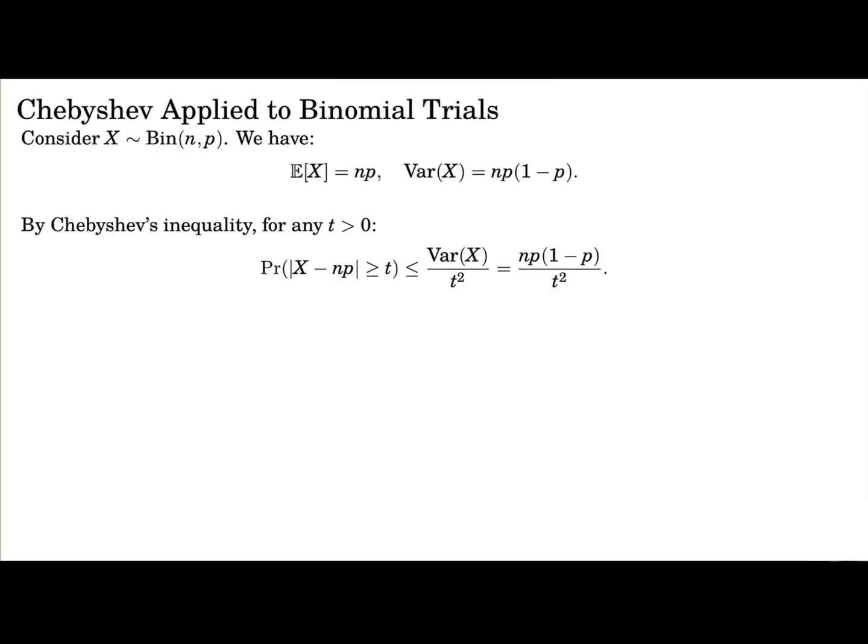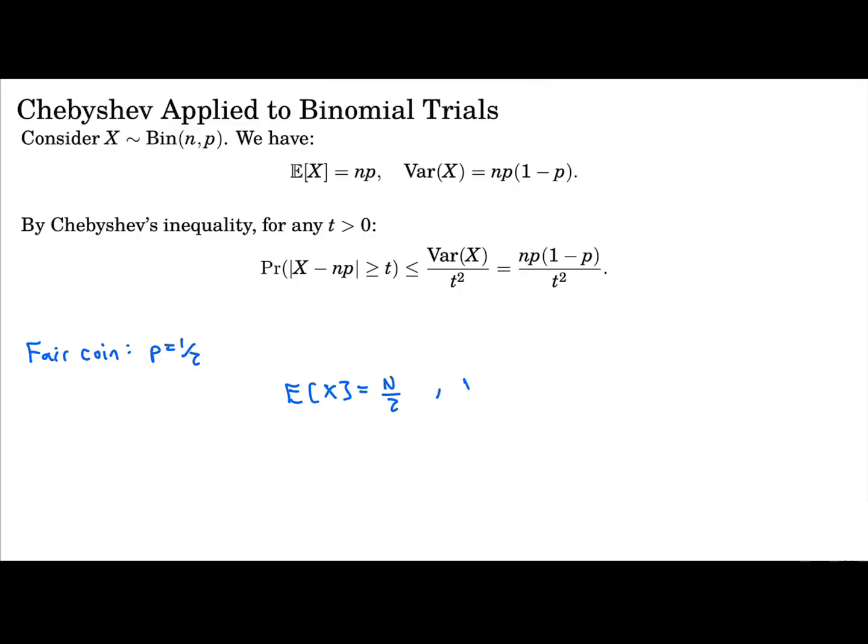So let's write this out for the fair coin example. For a fair coin, that means p is equal to half. So the expected value of X will be n over 2, so you expect that around half of them will be heads.